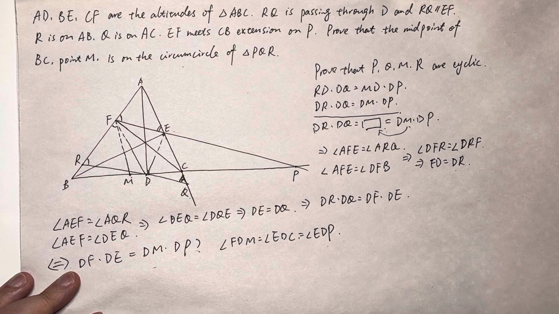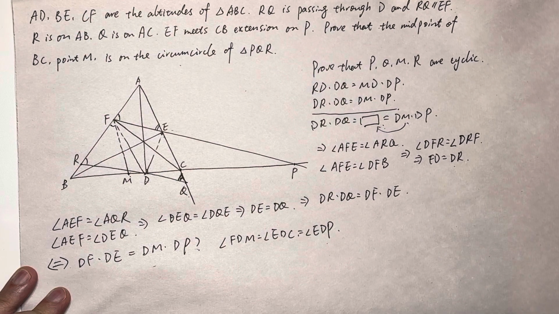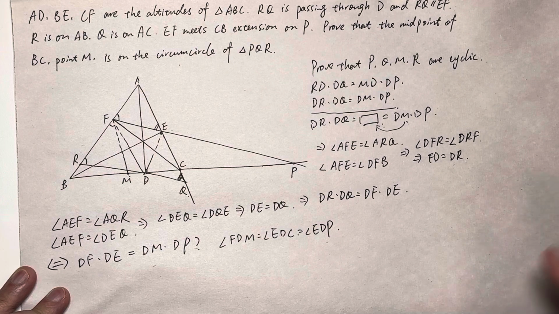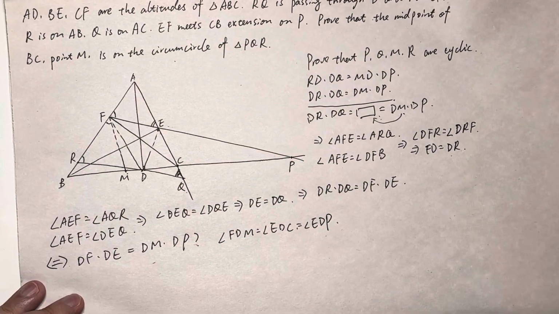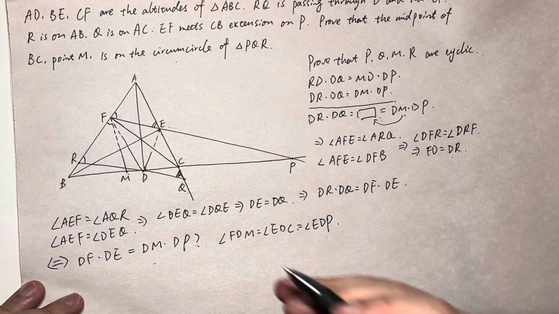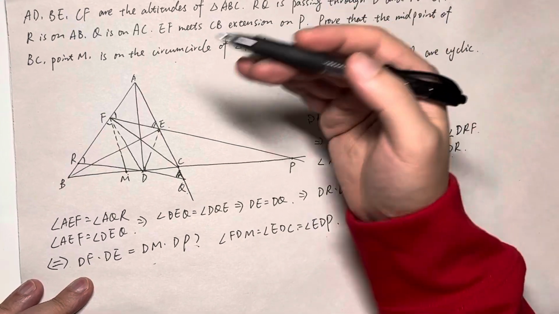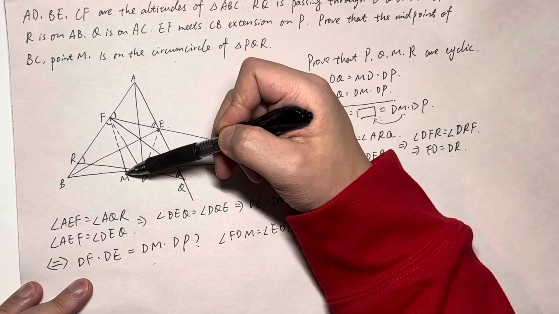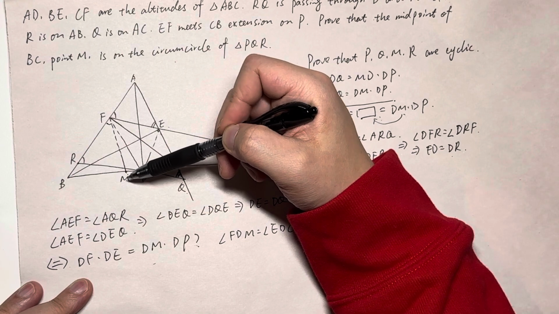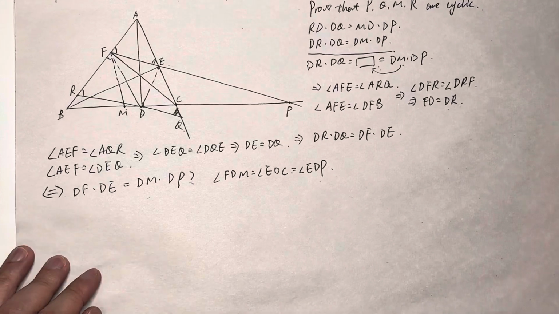So I will briefly prove the 9-point circle again in this video, but please refer to the videos I talked about the 9-point circle before, right? I mean, repeatedly proving something is not very helpful. So, based on the 9-point circle, we know that FEDM are cyclic, right? So let me just retell the 9-point circle here.